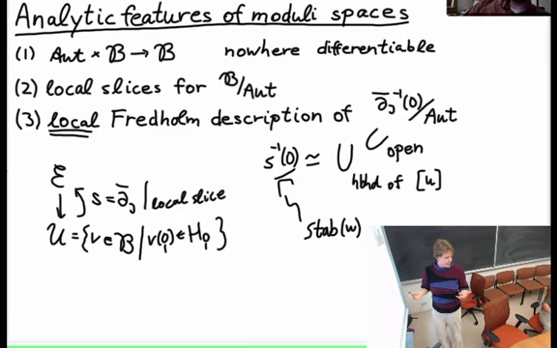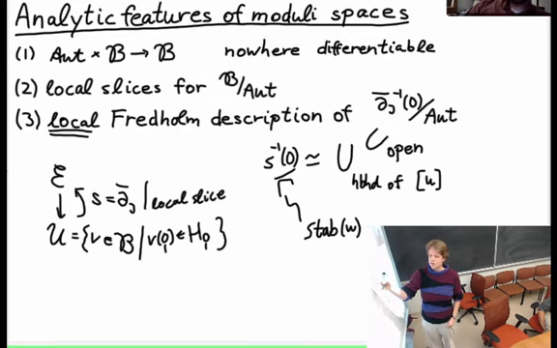But on some level, what this property here allows you to do is to take these global analytic differentiability problems and turn them into more topological problems of how to glue finite dimensional stuff, or chains of some kind of pieces of fundamental class together.